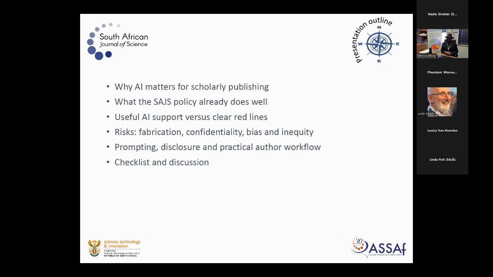Then the risks that the editors and the authors have to manage, especially publications, confidentiality, bias that the AI tool can create, as well as inequality, especially in the Global South, the African continent and universities, where we have a lot of inequality.